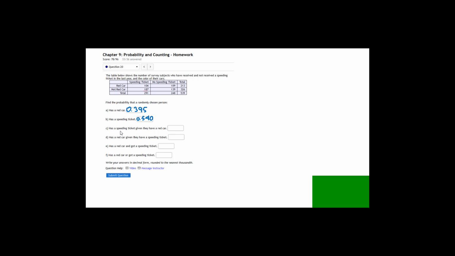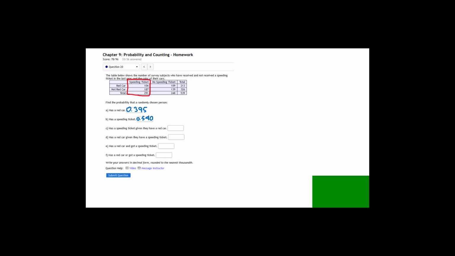This one is saying has a speeding ticket, given that they have a red car. If I look at the has a speeding ticket, then we're looking at this particular column here.